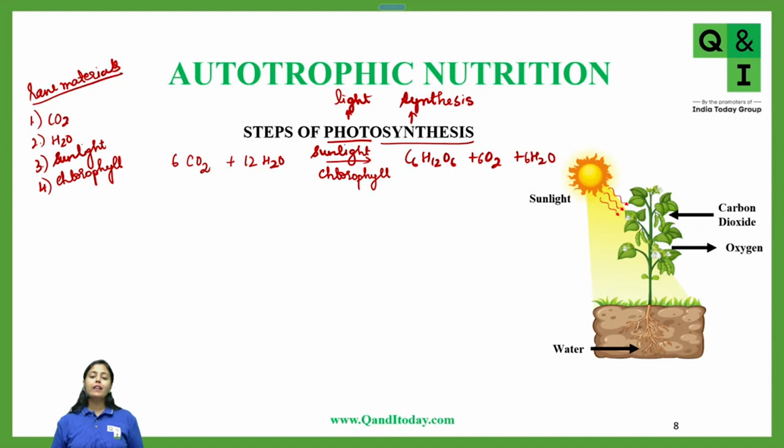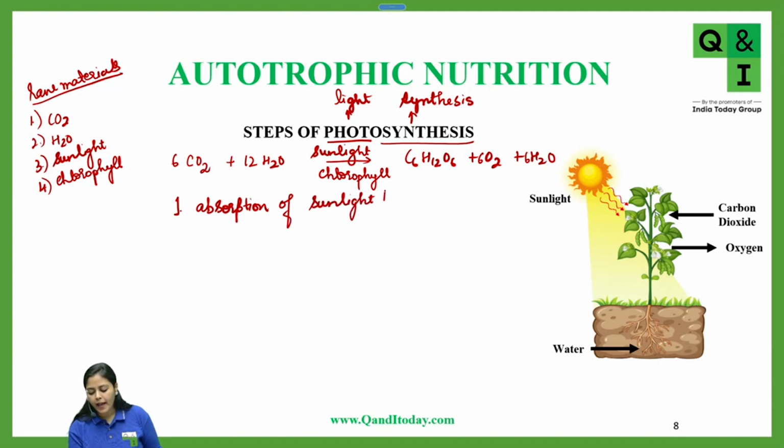Now let's see in photosynthesis where these raw materials are getting utilized. How is photosynthesis taking place? First of all, there is absorption of sunlight by chlorophyll.